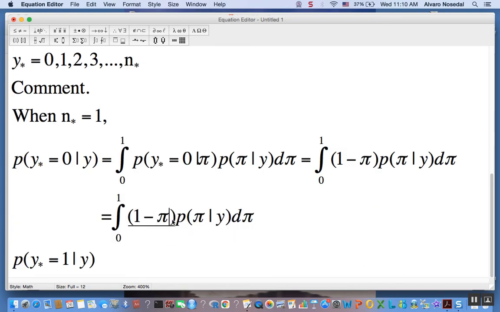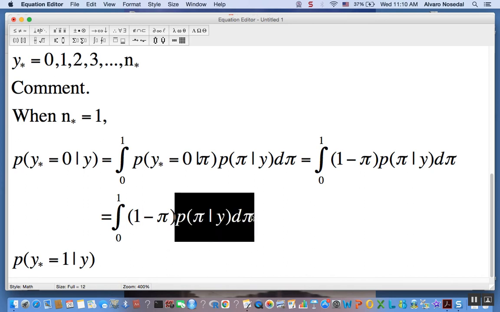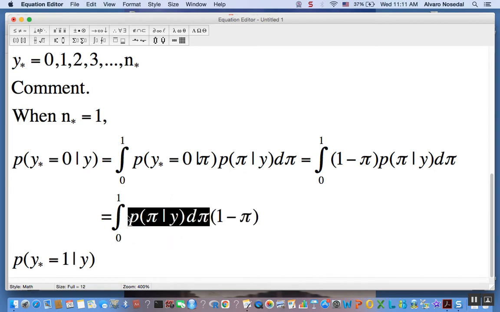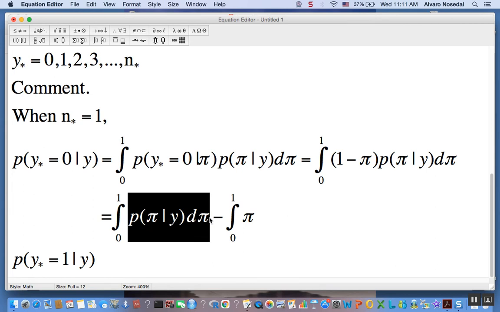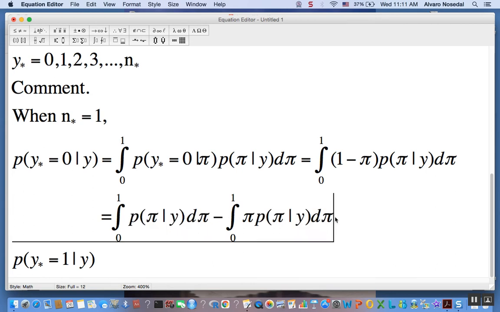It would be 1 times the posterior, plus the integral from 0 to 1 of pi, with a minus sign here, times the posterior, and we integrate with respect to pi.